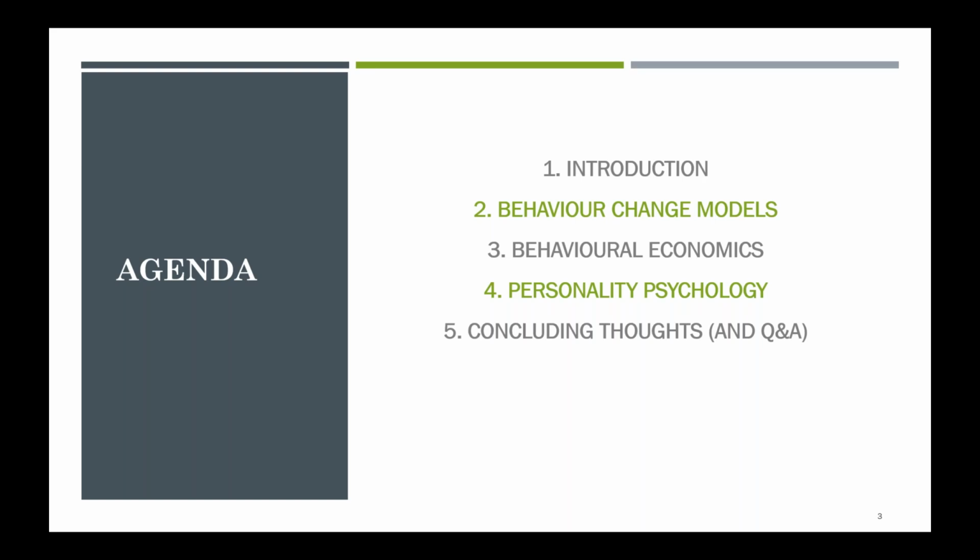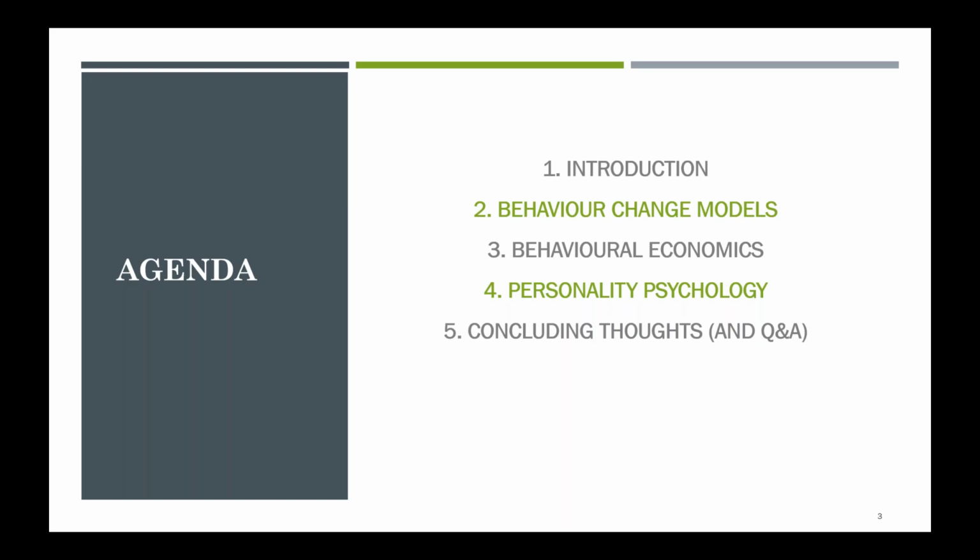The first key area I'm going to talk about is behaviour change models. Behaviour change models are used quite a lot in health and in social research and various other sectors. And effectively, they do what it says on the tin. They help you to come up with strategies to change behaviour.